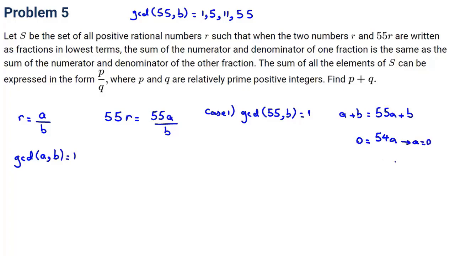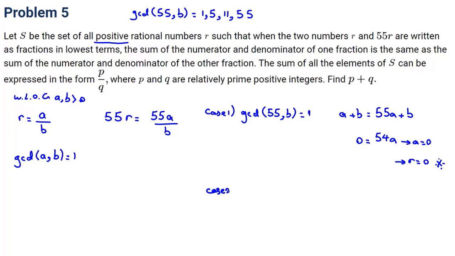When A equals 0, then R equals 0. But the problem says positive rational numbers. Without loss of generality, we can consider A and B are positive, because if you negate both of them, nothing happens. So R equal to 0 is a contradiction. So it's not possible in this case.